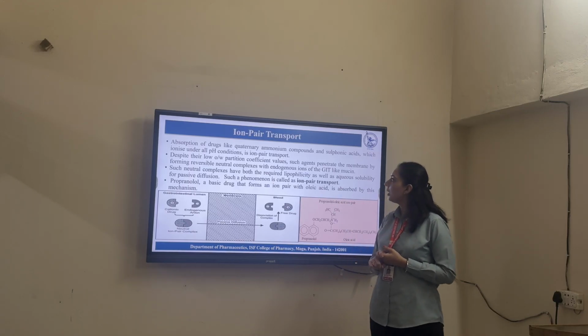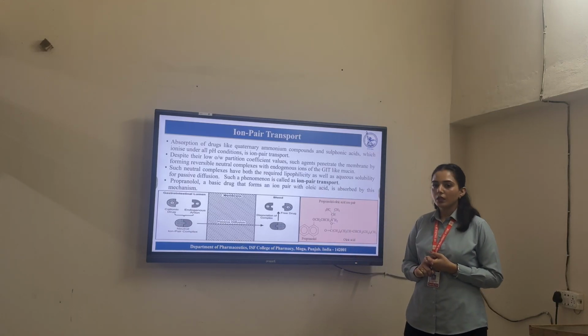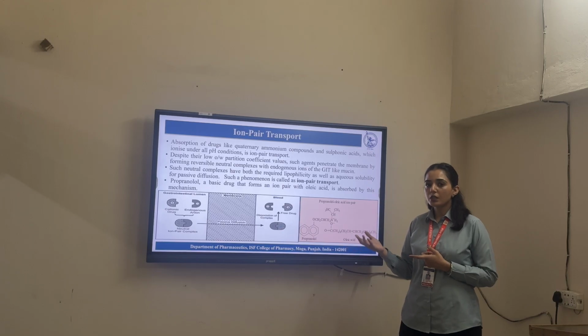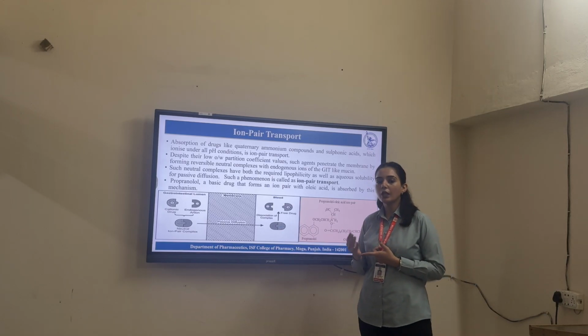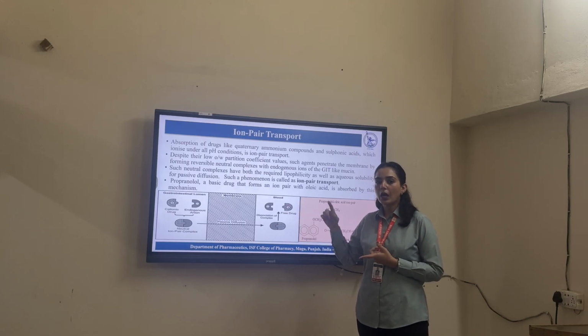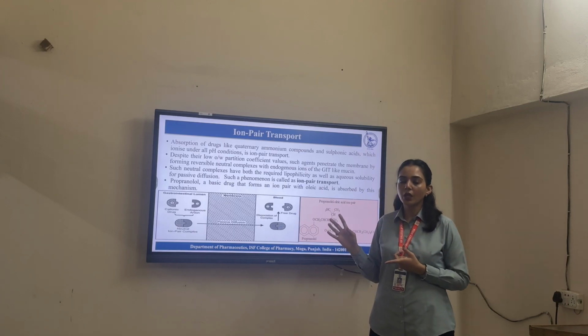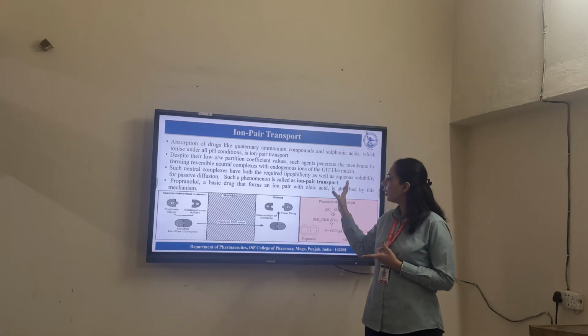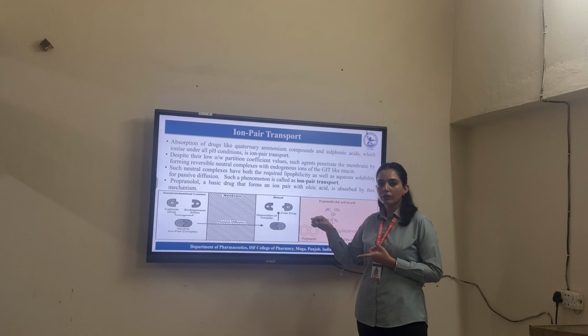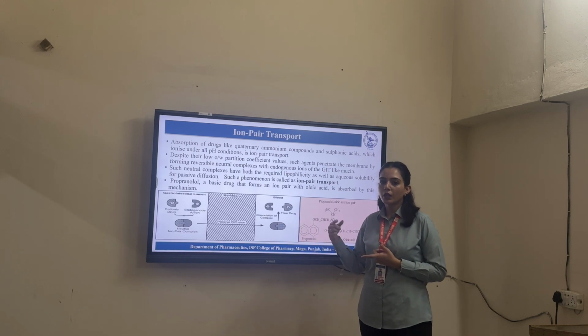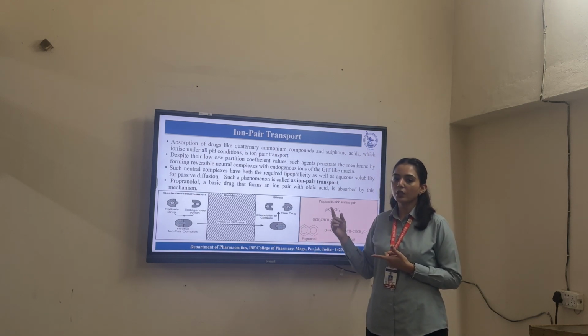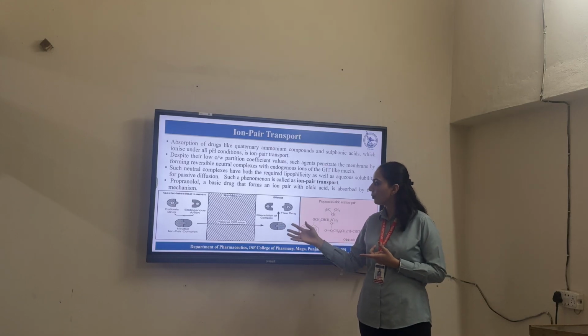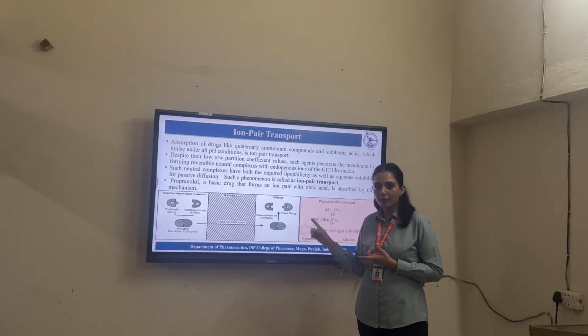Next one is ion pair transport. I have already discussed in passive diffusion that the unionized form of a drug can easily pass through the membrane, but the ionic form of the drug can't pass through the membrane. So it has to make a pair with opposite type of ions so that it can form a neutral complex and pass through the membrane.